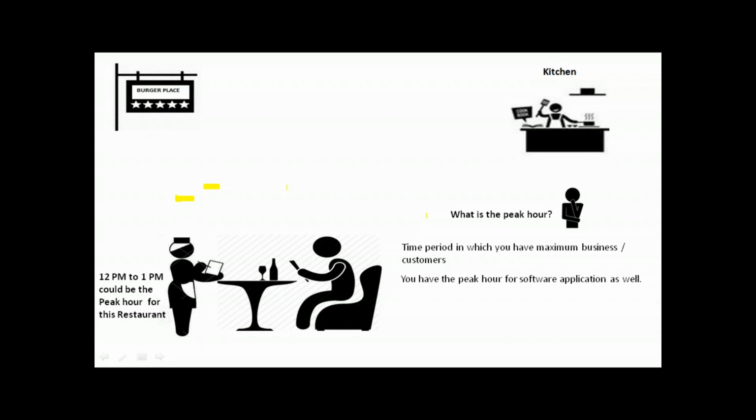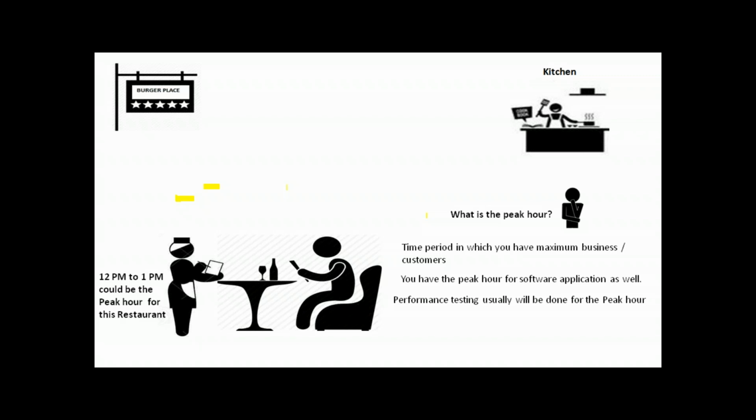For Gmail, the peak hour could be in the evening, because a lot of people come back from the office and want to comfortably sit and look at their emails. Probably 6 to 7 could be the peak hour for Gmail. Just my assumption, I didn't work on Gmail performance testing, but let's assume 6 to 7 is the peak hour for our Gmail application.